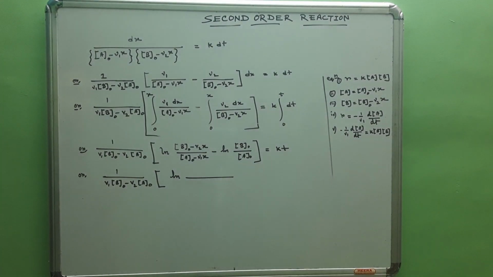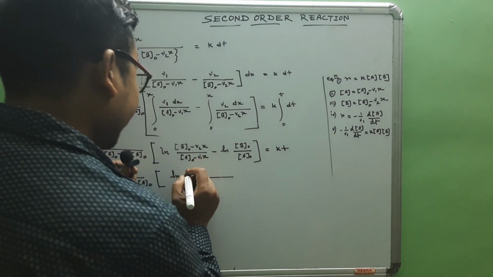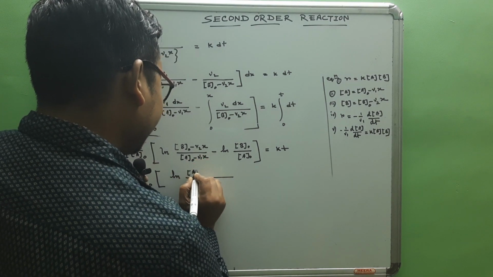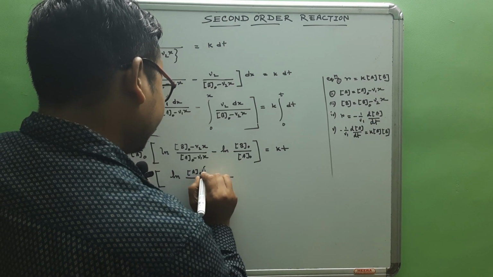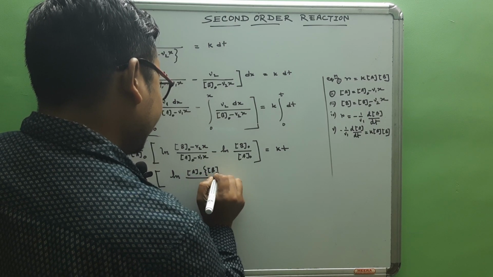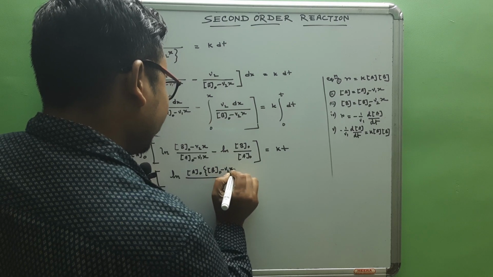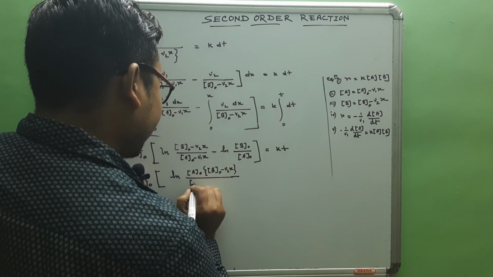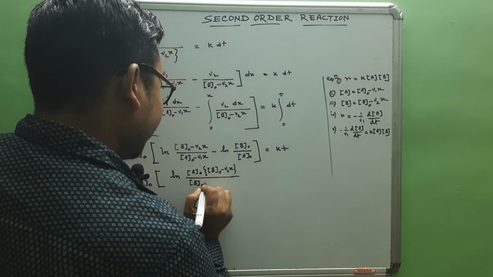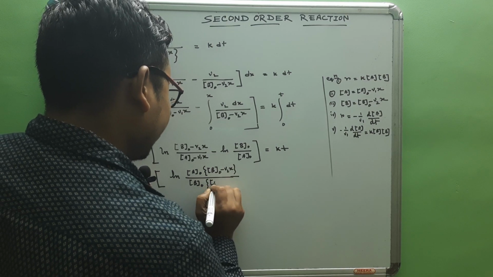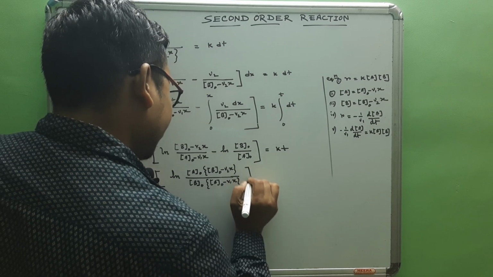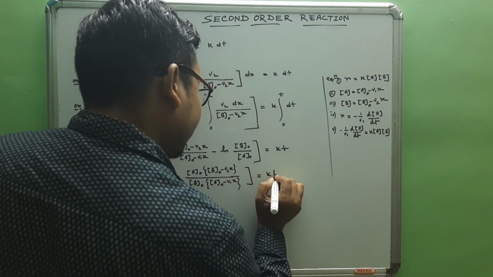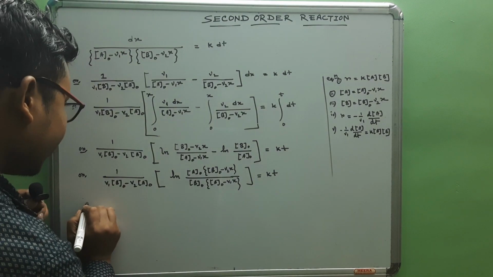Log a minus log b means log a by b, so it gives a0 into b0 minus nu 2x, and here b0, so kt. So what will be our k?